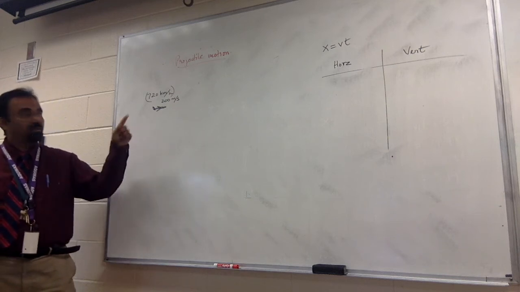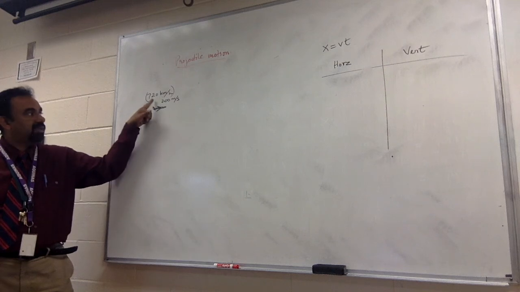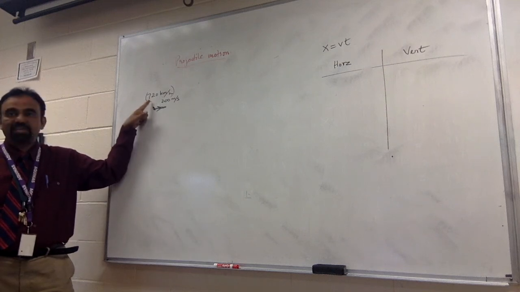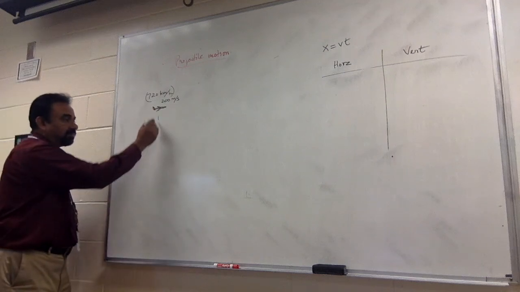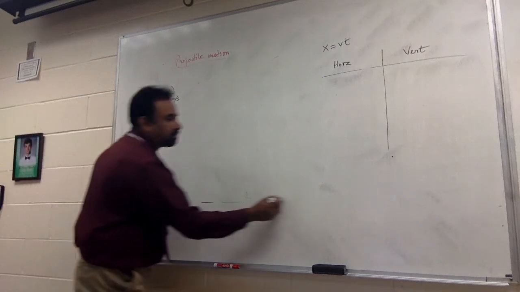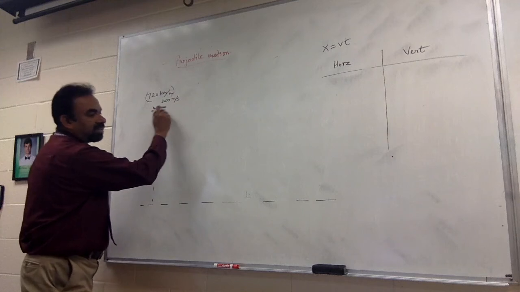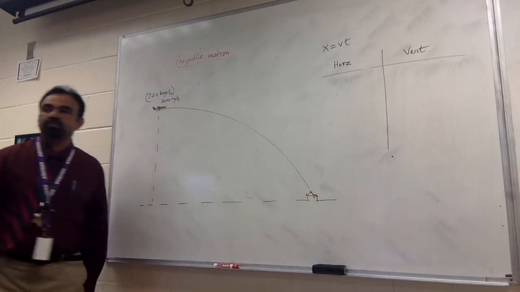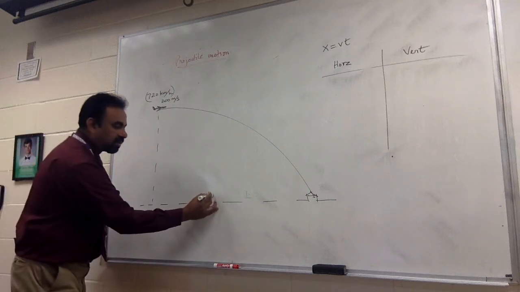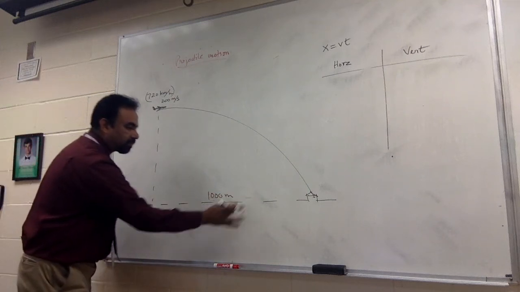Now, write down the question. A bomber flying horizontally at 720 kilometers per hour intends to drop a bomb on a target. The target is 1,000 meters away.